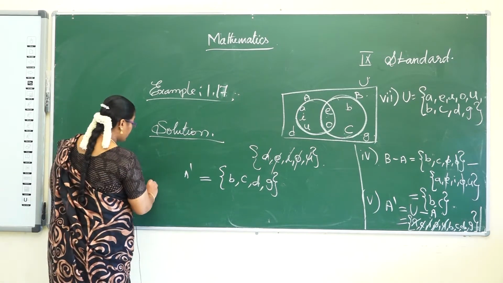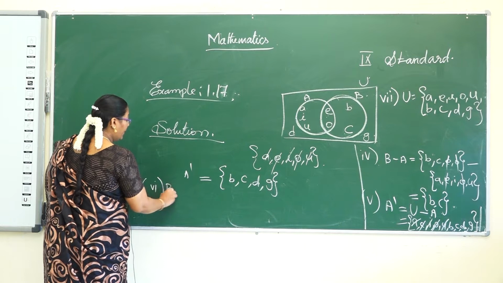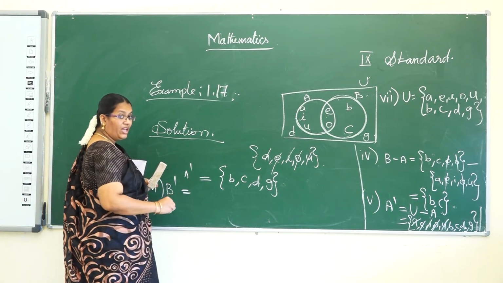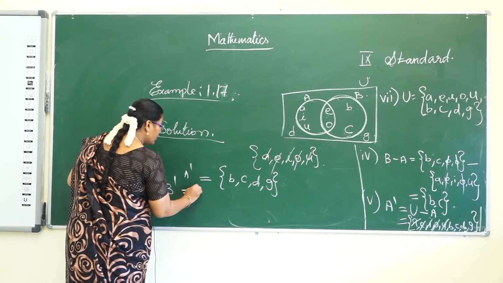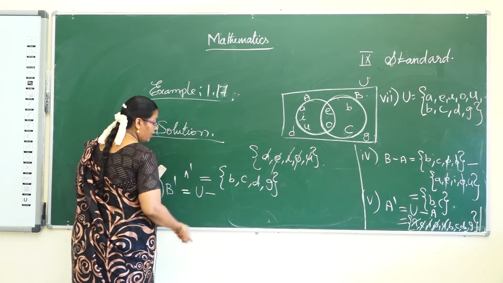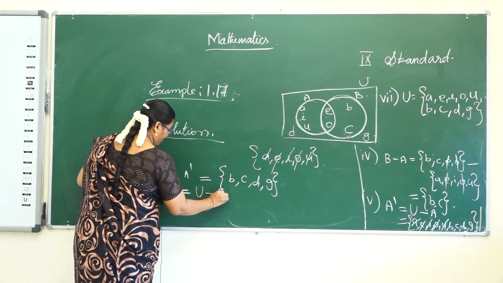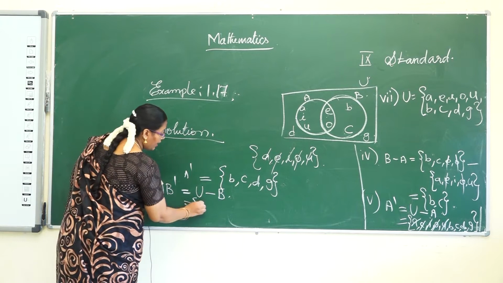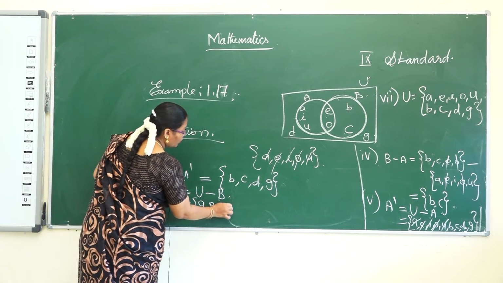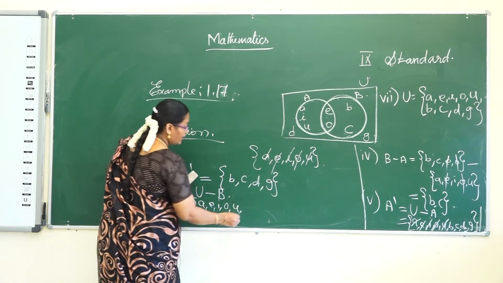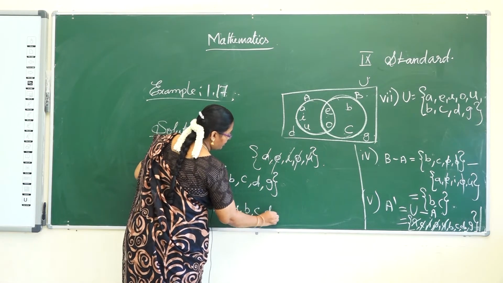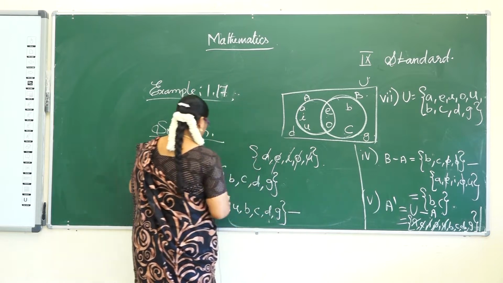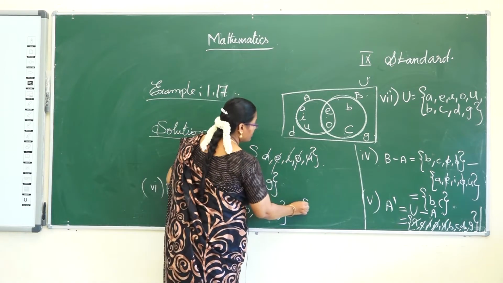Okay, and next, sixth one, B dash, B complement. B dash means B complement. It can be written as the universal set difference B. Already you know the value of the universal set, A, E, I, O, U and then B, C, D, G. And then B, what are the elements?